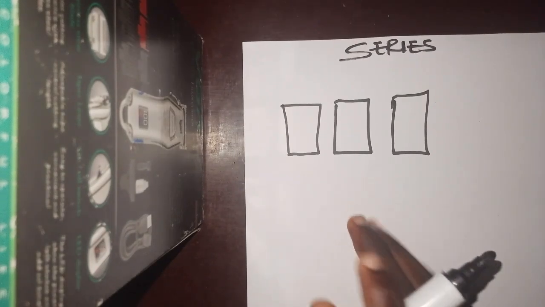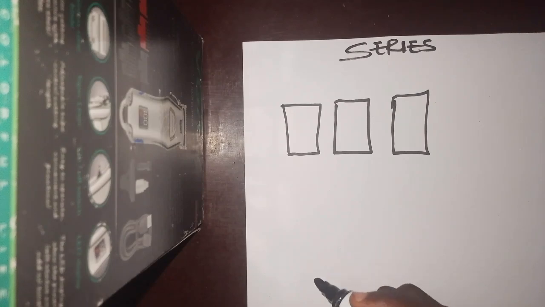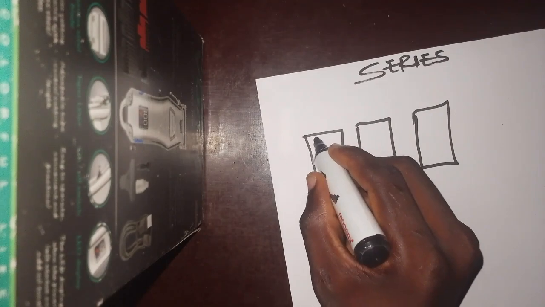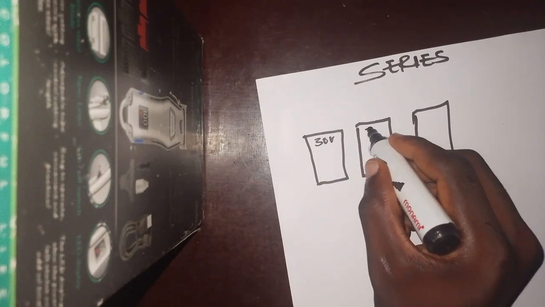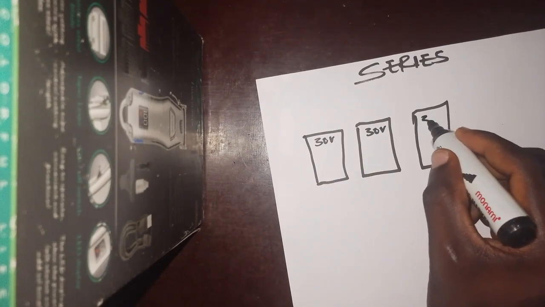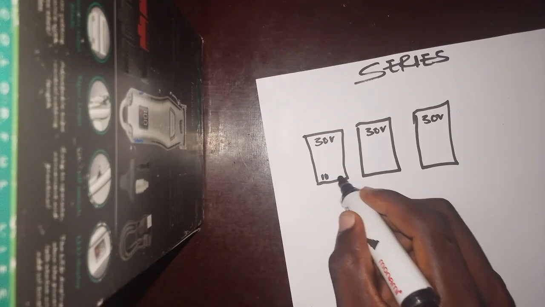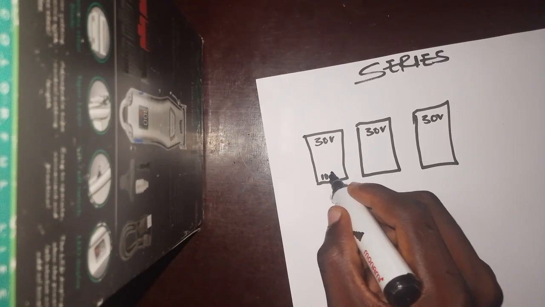So these are the solar panels, and each of these panels, let's say they are 300 watts for example, and they have 30 volts on each of them. Then they have 10 amps. This is an instance.